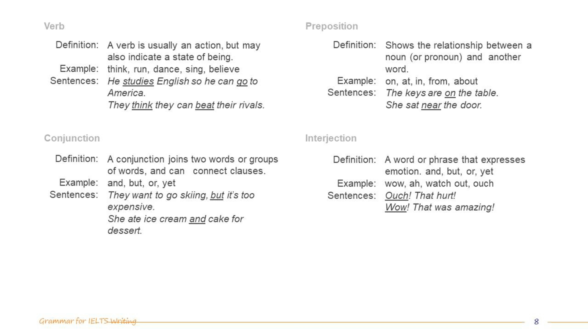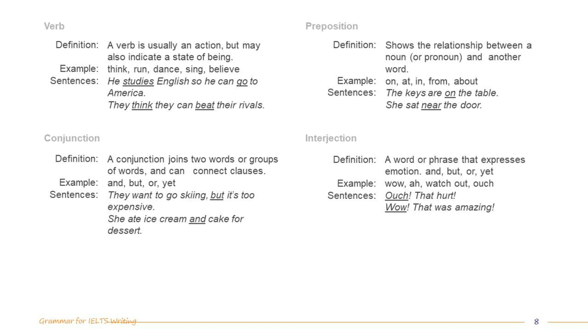Verb. A verb is usually an action, but may also indicate a state of being. Think, run, dance, sing, believe. Examples: he studies English so he can go to America. They think they can beat their rivals.